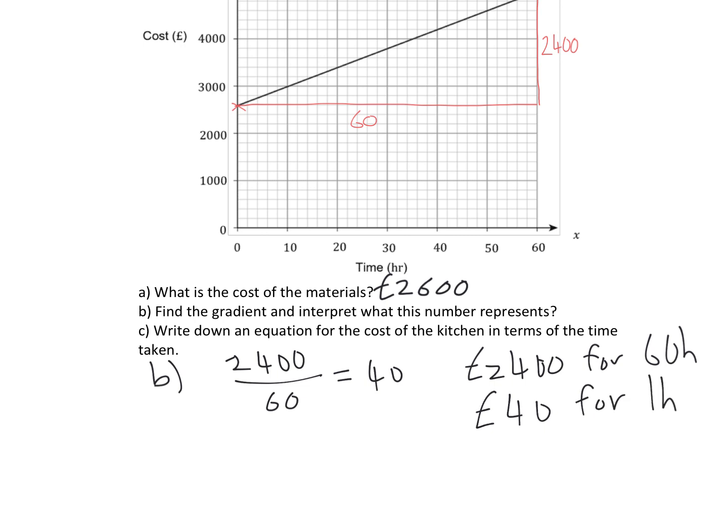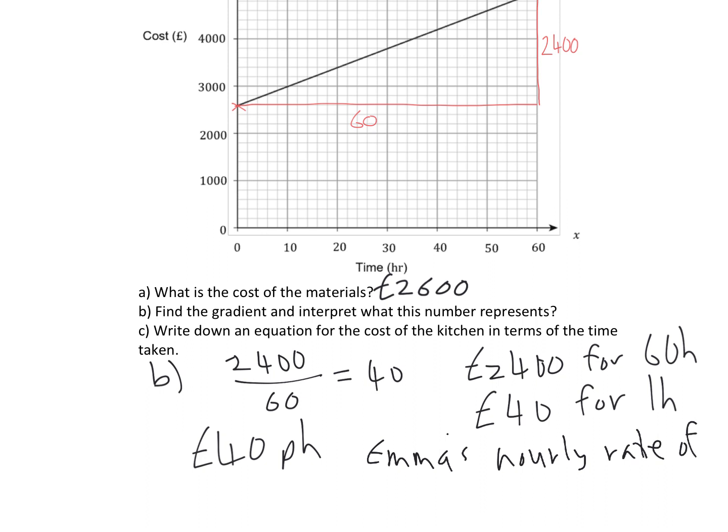So the £40 is what she gets per hour. £40 per hour. That's her hourly rate. So find the gradient. The gradient's 40. Interpret what this number represents. It is Emma's hourly rate of pay. Okay, Emma's hourly rate of pay.